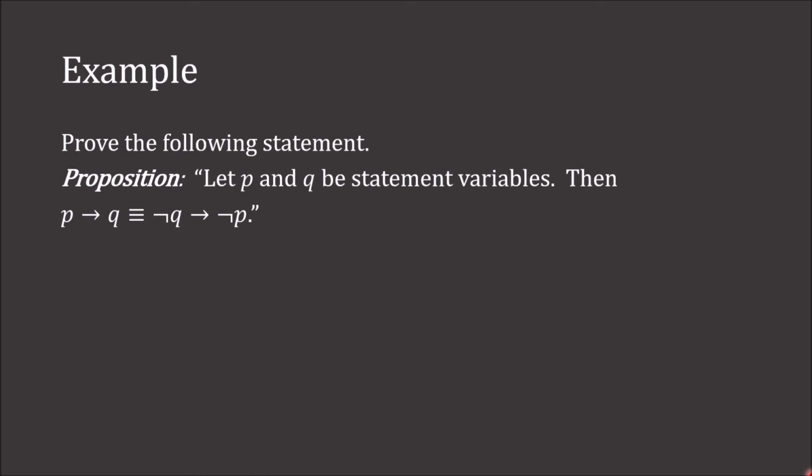So again, we're going to prove this by creating a truth table. We have two statement variables, so we're going to need a total of 4 rows.